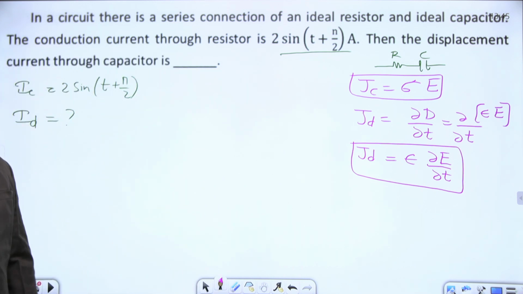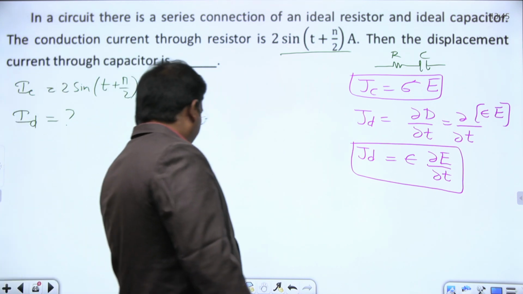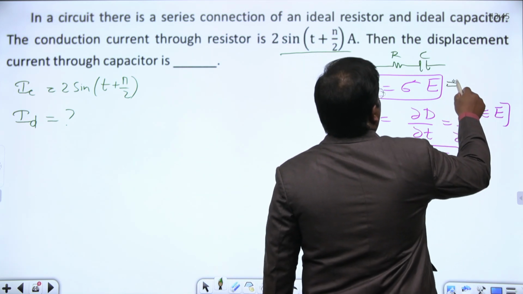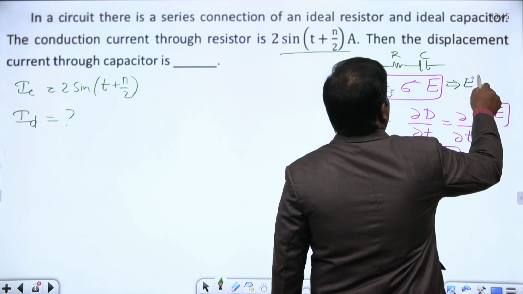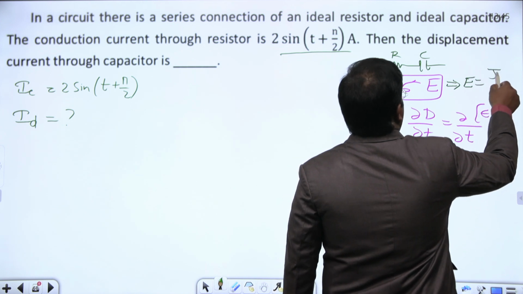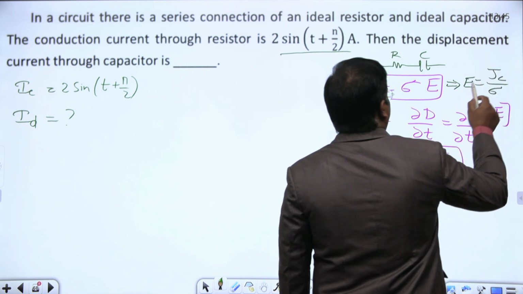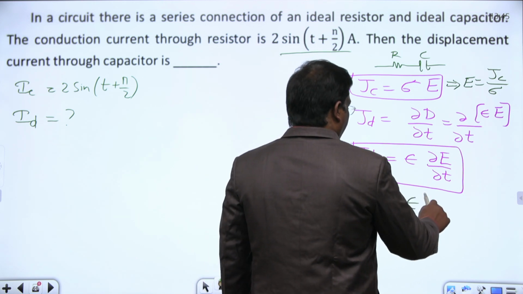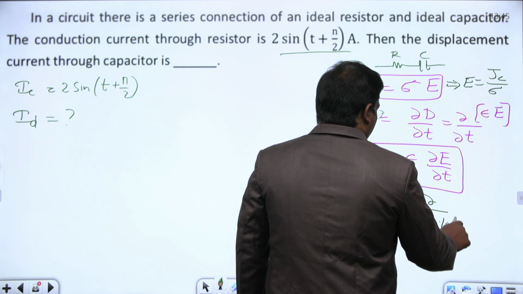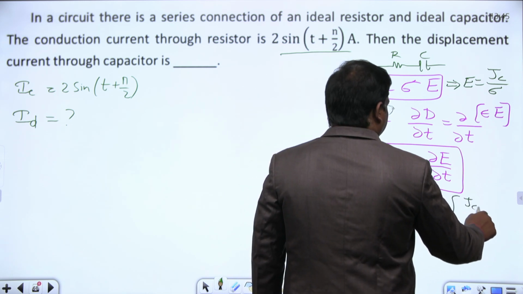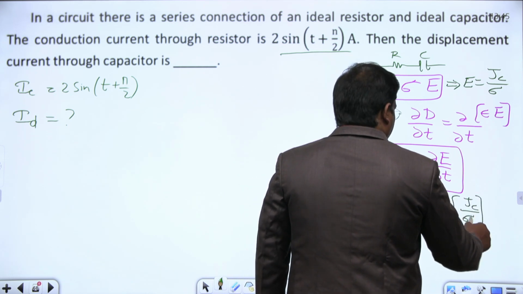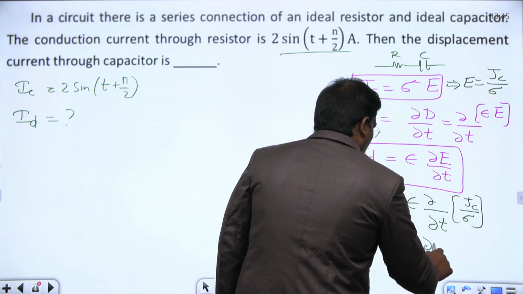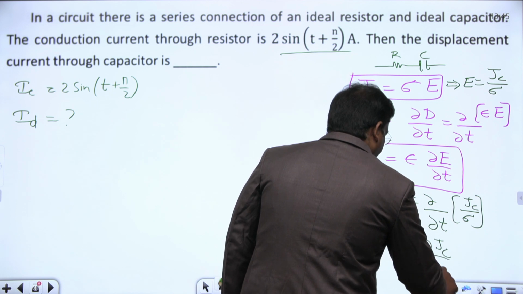This is the relation between conduction current density and electric field intensity, and displacement current density and electric field intensity. And from the first one, I can get E equal to JC by sigma. If I substitute JC by sigma in place of E, taking sigma out, this is nothing but epsilon by sigma dou JC by dou t.